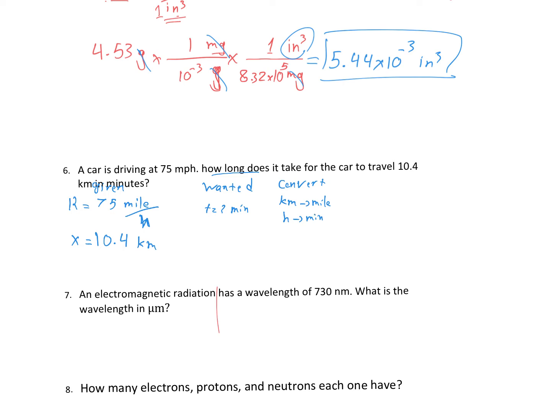Okay, so what do we know about this conversion? We know that 1 mile is 1.609 kilometer, and 1 hour is 60 minutes.